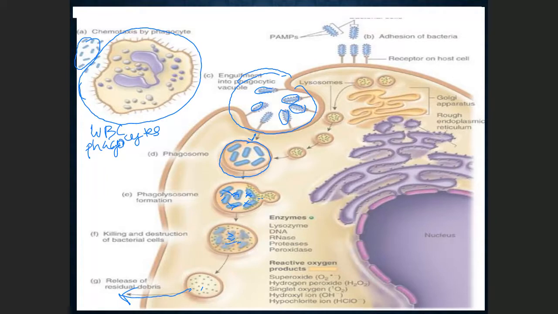So this is how phagocytes are able to eat, destroy, and remove bacteria from our body, from our system.